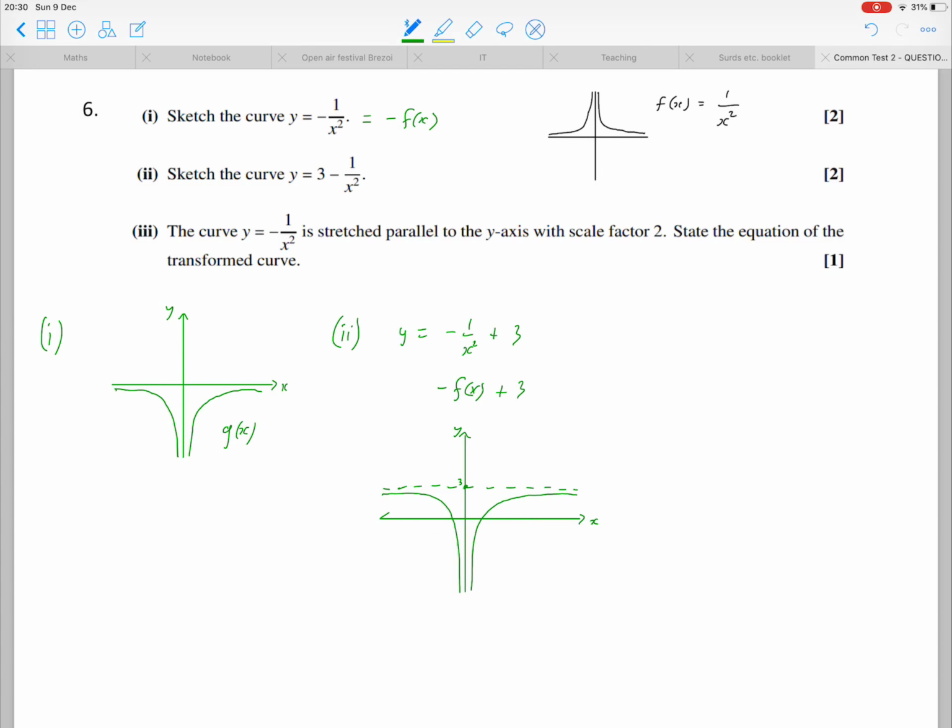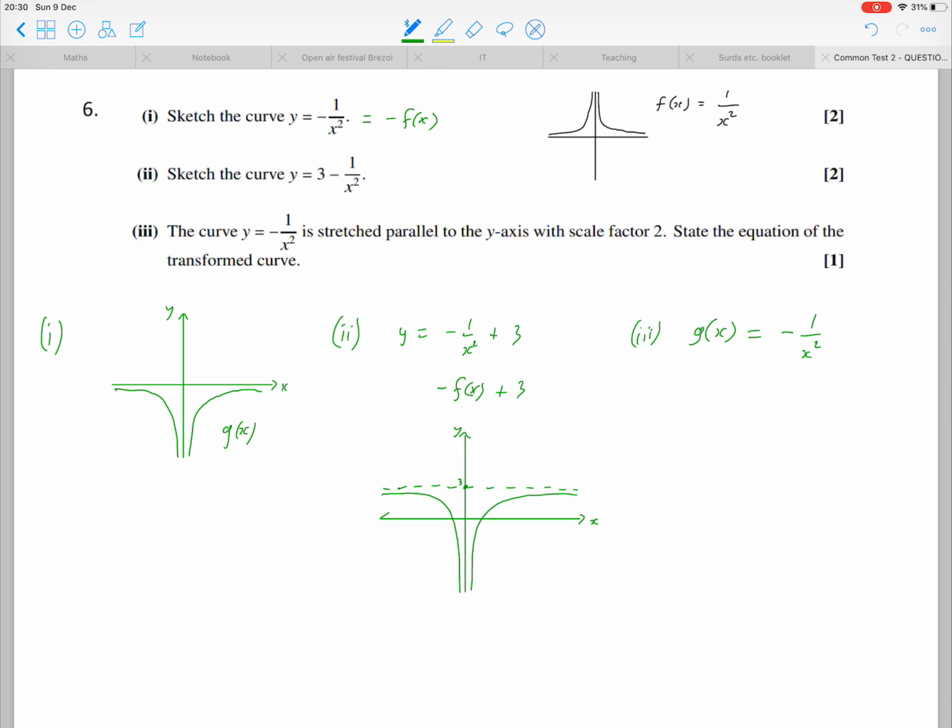Part 3, we're told that this curve, which is our answer to part 1, so that curve there, is stretched parallel to the y-axis with scale factor 2. Well, as I tried to do a moment ago, I've still got it there, g of x. Let's let g of x be minus 1 over x squared.